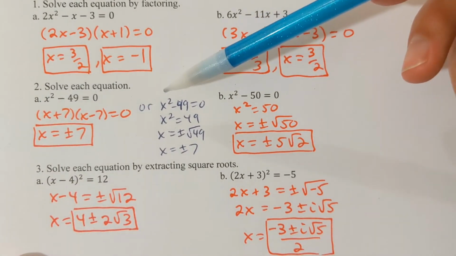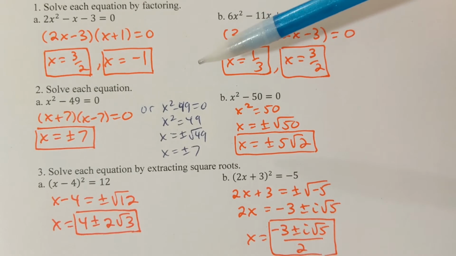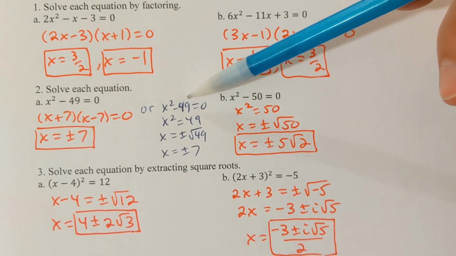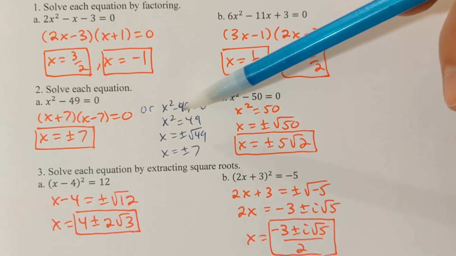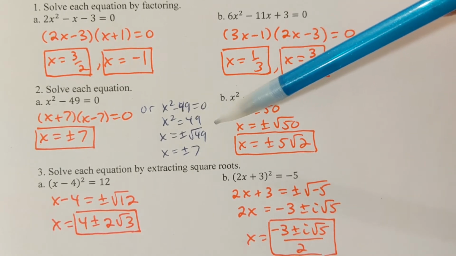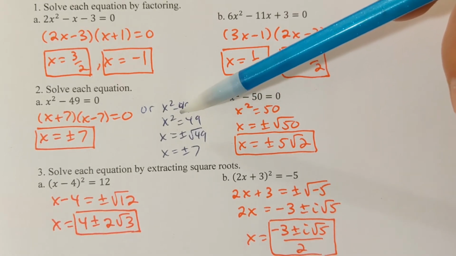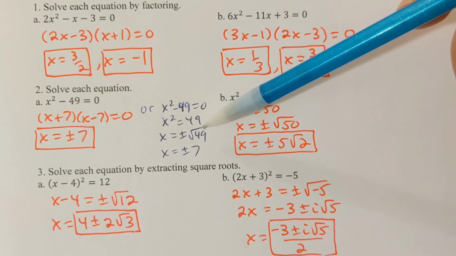Okay, so if I were to rework the equation in part A, x squared minus 49 equals 0. If you add 49 to both sides, you get x squared equal 49. Okay, now I'm going to take the square root of both sides. The square root of x squared is x, and then I'm going to have the square root of 49 on the right.